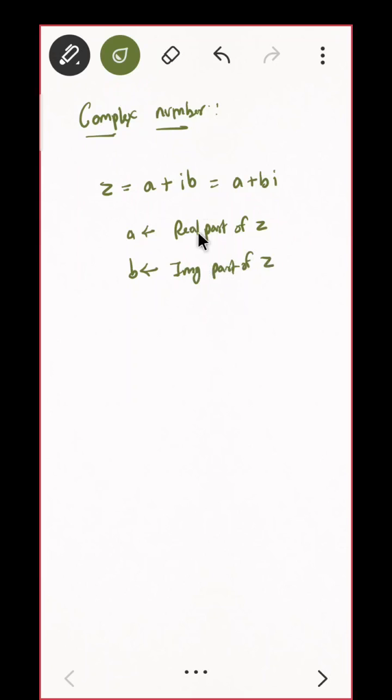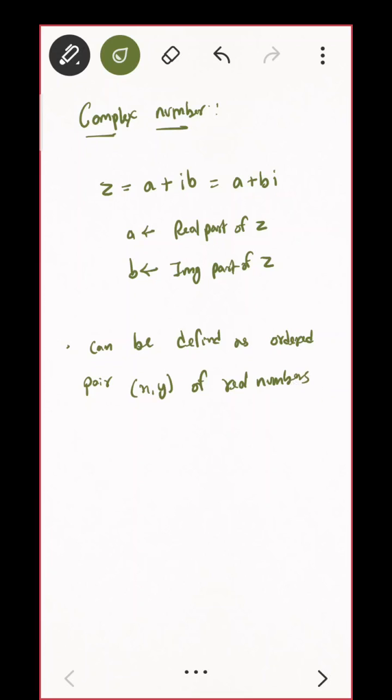Correct? Or you can also define a complex number, or I will write, it can be defined as an ordered pair x comma y of real numbers that are to be interpreted as points in the complex plane.